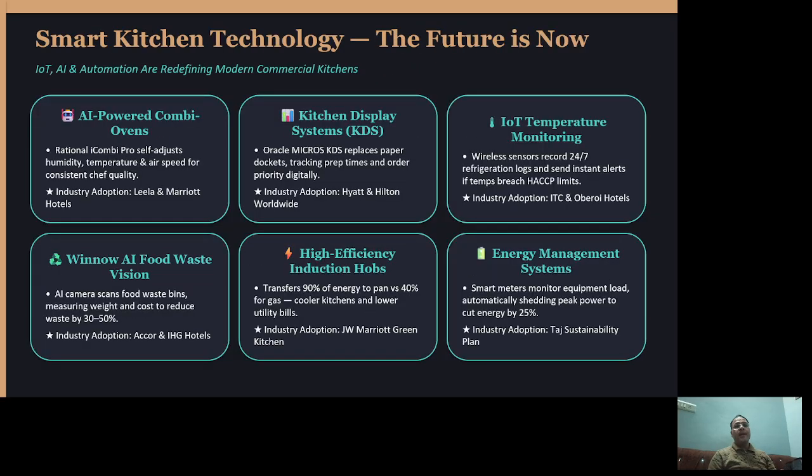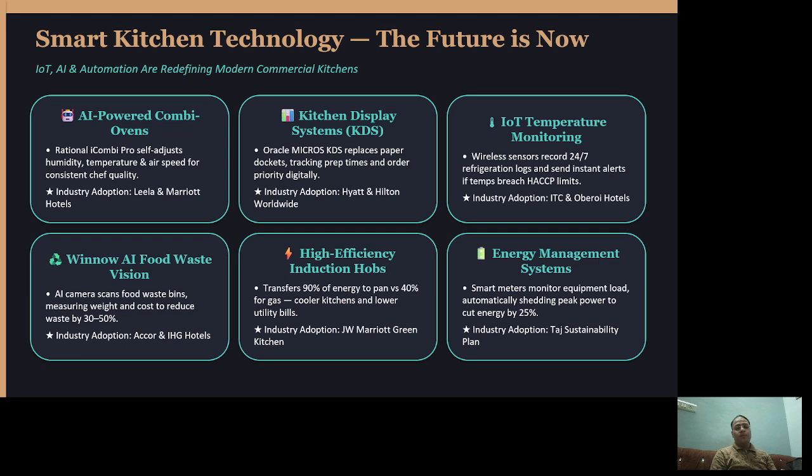So in the next slide, we have smart kitchen technology. We are at a stage where some modern technology and modern equipments are there in the kitchen now to support the system and the workflow of the kitchen.